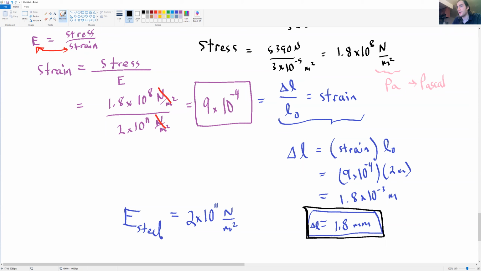So very little stretching, and that's good because we don't want things to stretch much. We want things to stay where we put them. We don't want them to deform. If they deform, then that's usually going to cause some problems.